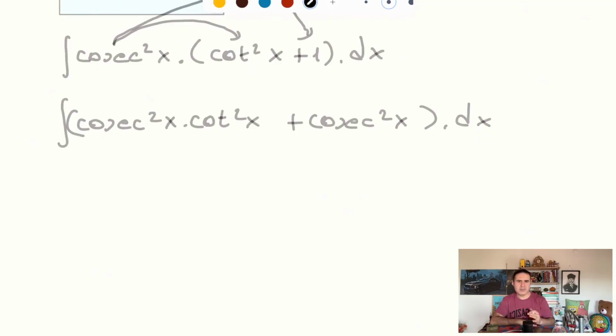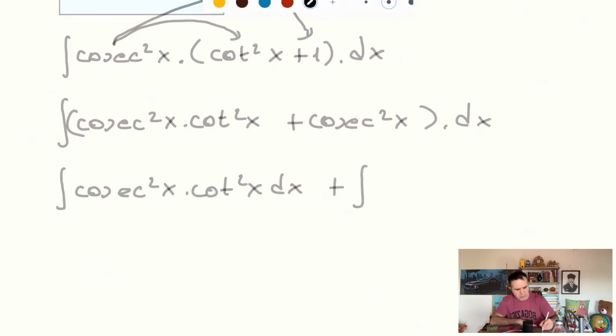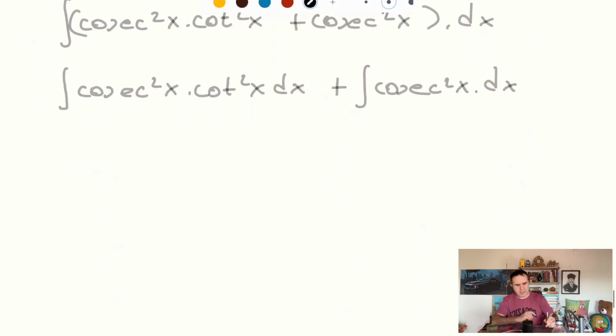And now we will break down this integral into two parts: the integral of cosecant square of x cotangent square of x dx plus the integral of cosecant square of x dx. Since we know that the derivative of cotangent x is minus cosecant square of x, we will use substitution here.